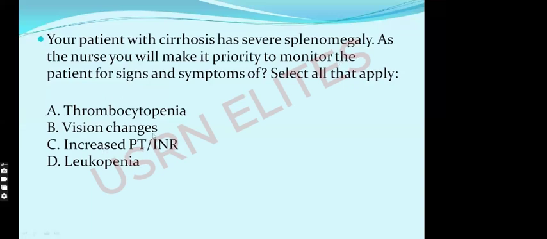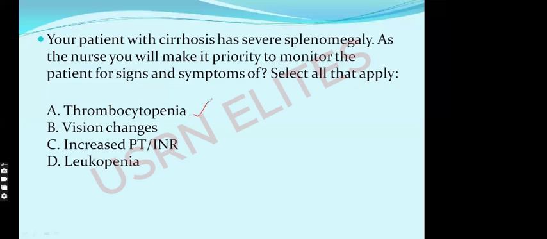So which of the following factors will you monitor? Since it is a select all that apply, let us also do this one together. Thrombocytopenia, will you monitor for signs of thrombocytopenia? Yes. For this one, I'm going to take rationale. Why do you think it's important in a person with cirrhosis?